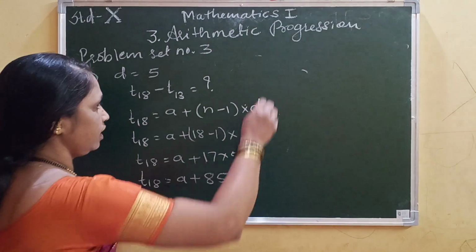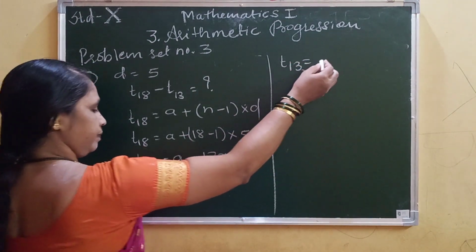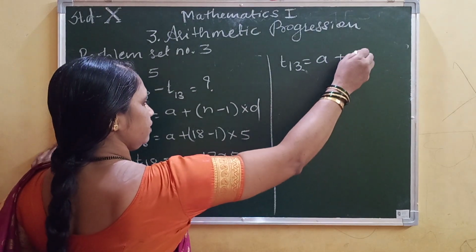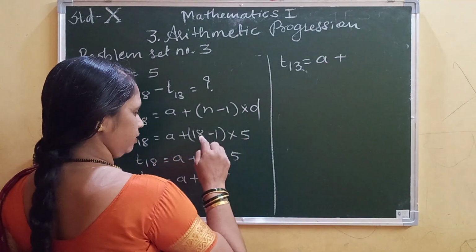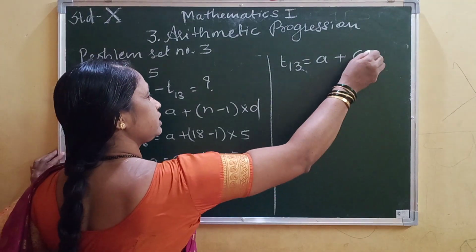Now in the same way T13 will be A plus 13 minus 1, 12 fives are 60.